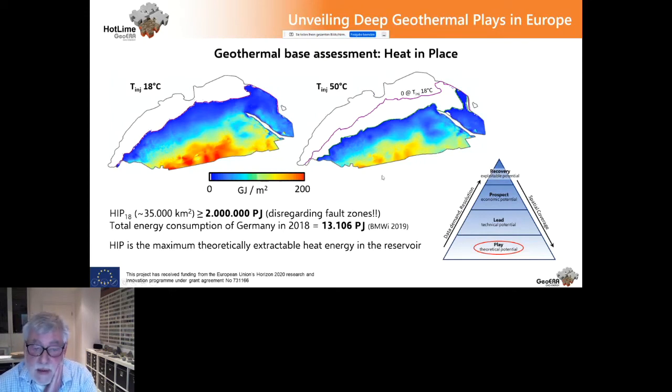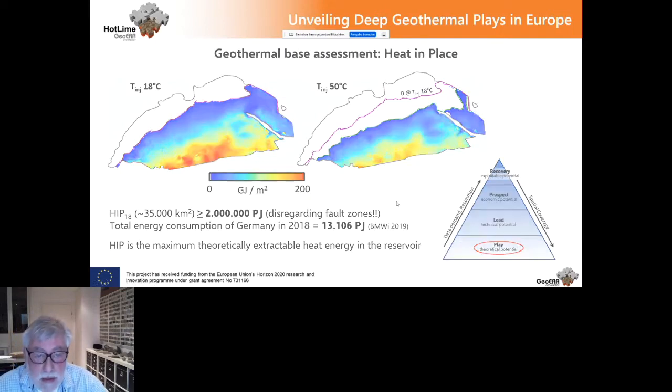On the other hand, this is just a bulk assessment and disregards the fault zones, because we know from the porosity that fault zones hold much more water, or let's say fluid, than the host rock, and these areas feature a higher heat in place, but we couldn't quantify this on the scales we are working, and due to the lack of hard data for the fault properties.